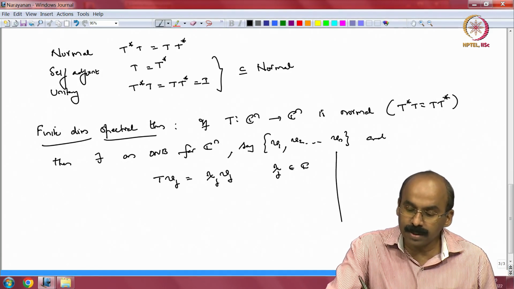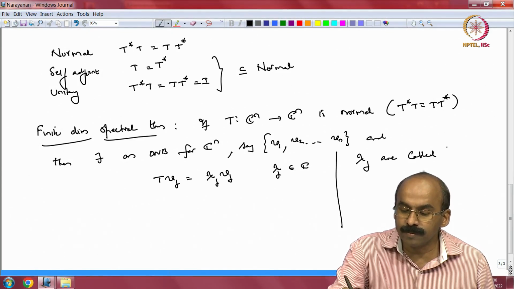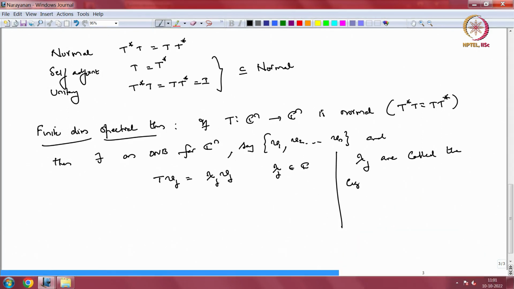So, the lambda j are called the eigenvalues of T. Okay. Some of them may repeat. So, I am not saying the lambda j's are distinct. You can write the spectral theorem in several forms, which we will of course do. You can collect the eigenvalues which are the same and write down the corresponding eigenspace, and what we are seeing is that the whole space Cn decomposes accordingly.